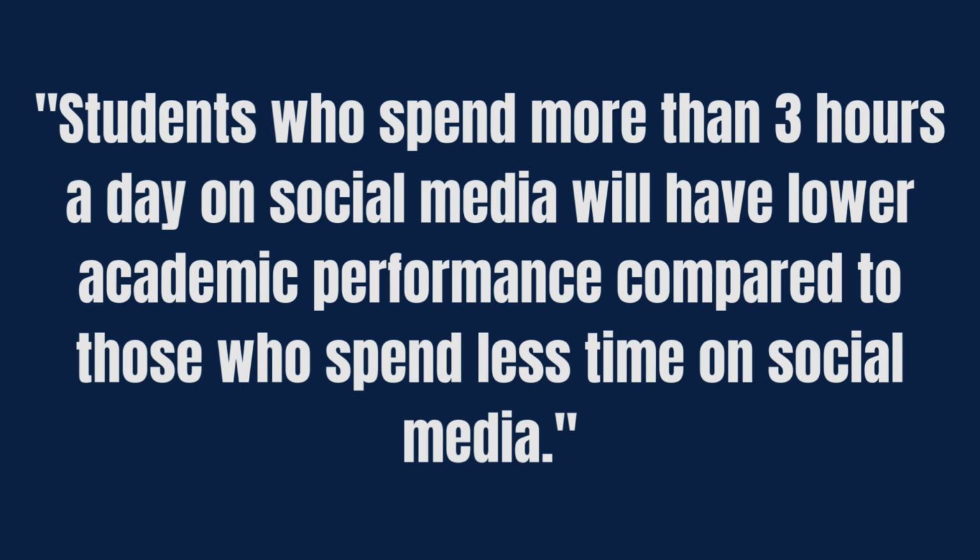Now, that is your guess. You're saying, let's say, students who spend 3 hours or 4 hours will have lower academic performance, or those that spend 30 hours will have higher academic performance as compared to these ones, right? It's up to you how you structure your hypothesis.